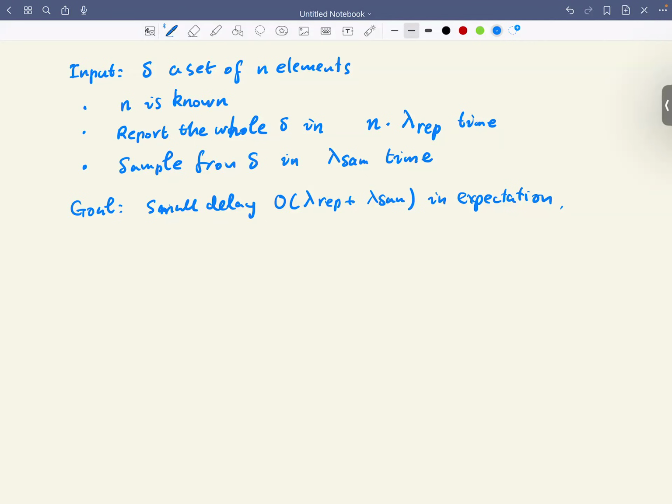If you look at the sequence of elements produced, what this algorithm can guarantee is that the sequence is definitely going to be a random permutation of the set S. So you don't just achieve a small delay; in the meantime, you also achieve a random permutation.